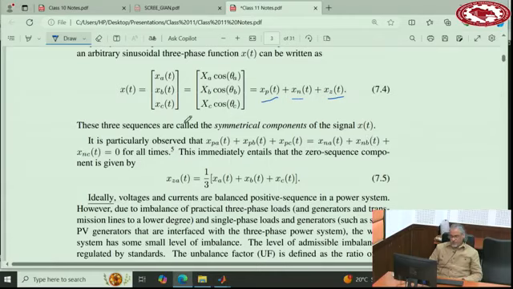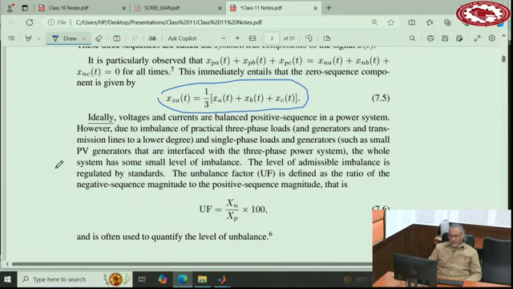So if you add together all these three, the positive parts become zero, the negative parts become zero, and the zero sequence parts add together, so 3 times the zero sequence equals X_A plus X_B plus X_C. So the zero sequence you can easily calculate for any given waveform. If you have a three-phase waveform, you just add them together and divide by 3, that gives you the zero sequence.